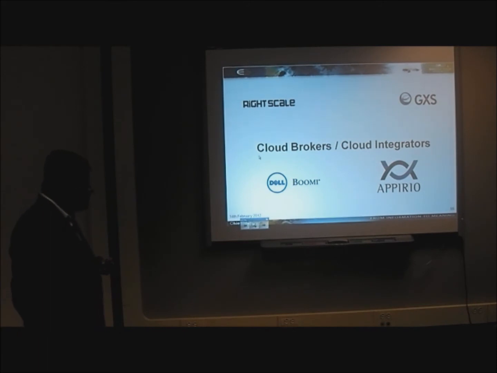But their interactions and their integrations are primarily at a generic or development context. So if you go to RightScale, they have support for Rackspace and Amazon. I don't know whether they have added new support recently, but they support only infrastructure cloud.